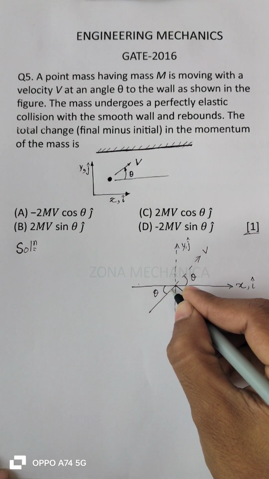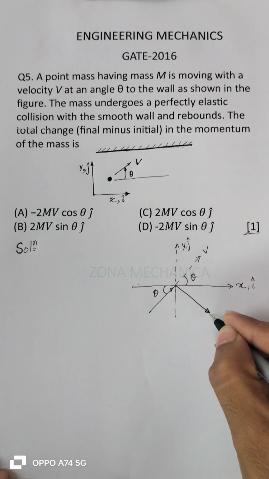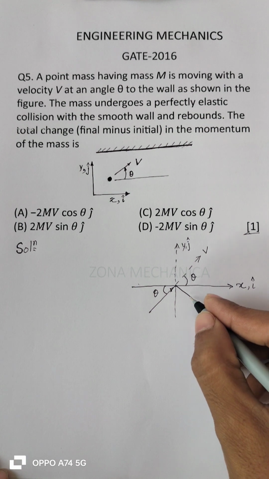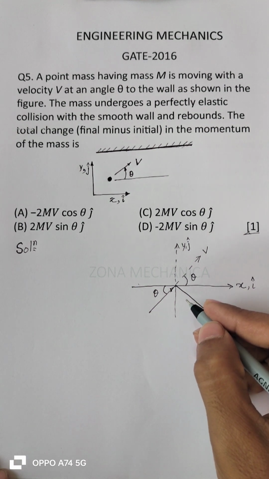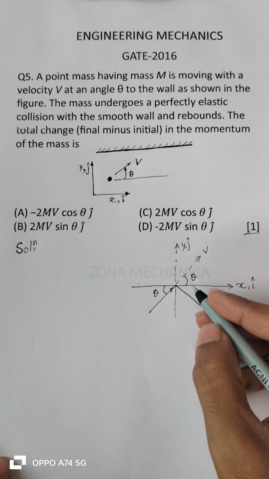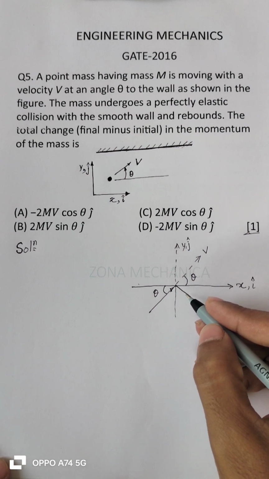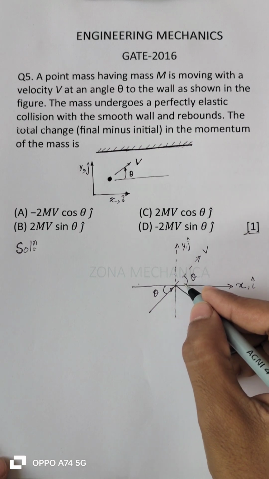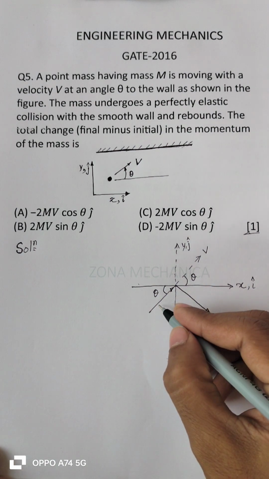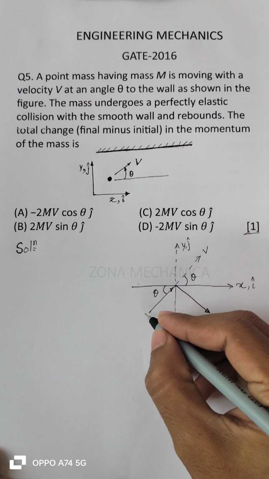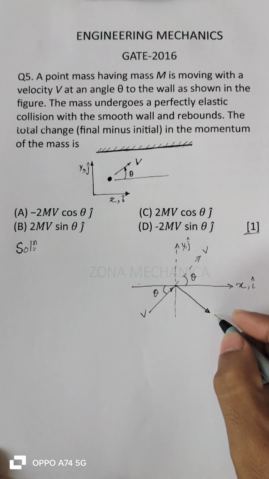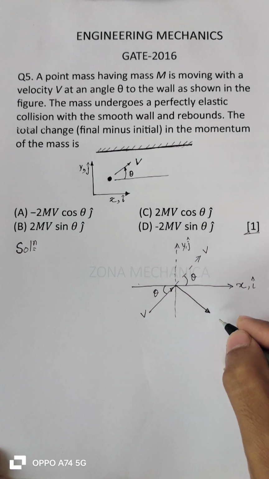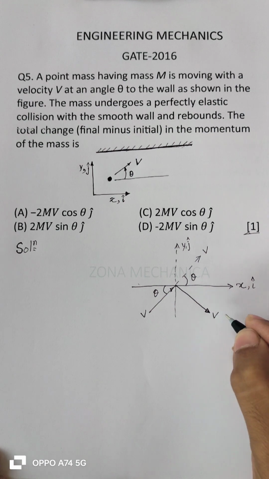This is the initial velocity and this is the final velocity or velocity of separation. As the collision is perfectly elastic, there is no loss of energy. So whatever velocity is the approach velocity, that is the initial velocity, the same will be retained after the collision, that is the final velocity.